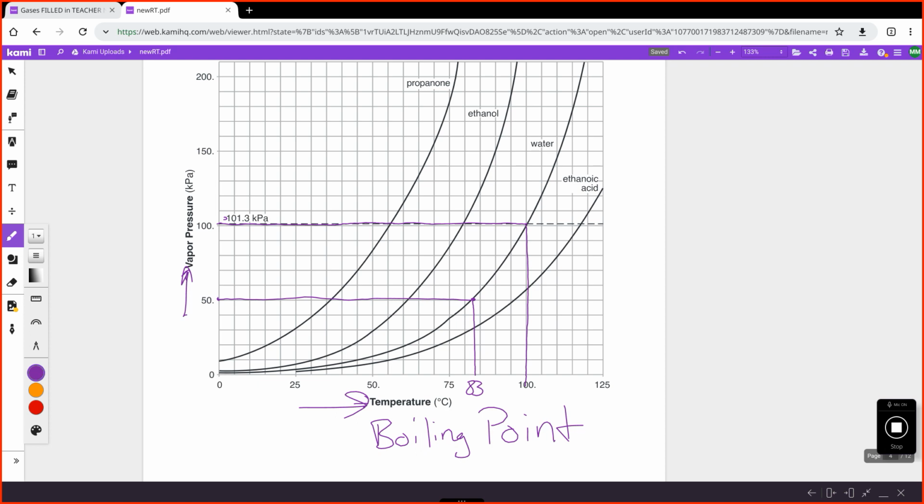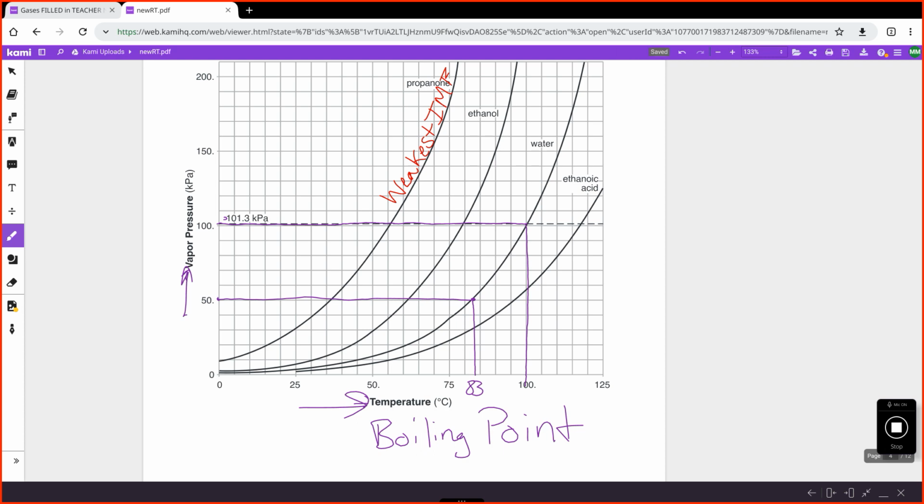One more thing I want to mention on this chart specifically is that propanone can be identified as having the weakest intermolecular force.